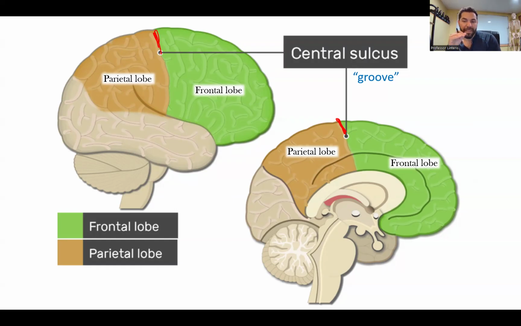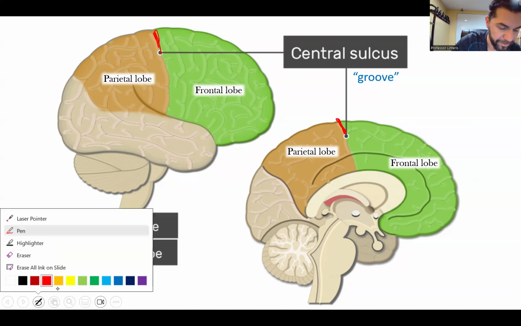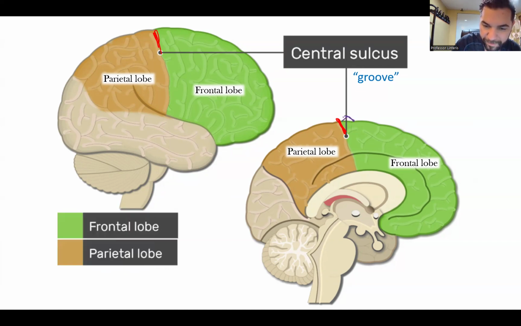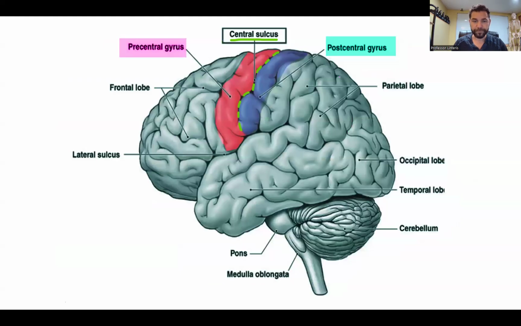And there's a bump, and I'll try to draw it on here for you, in the front, and there's a bump in the back. These are our two important gyri regions. Obviously, you have one on the right and one on the left. These are called the pre and post central gyri, and we can see them here.